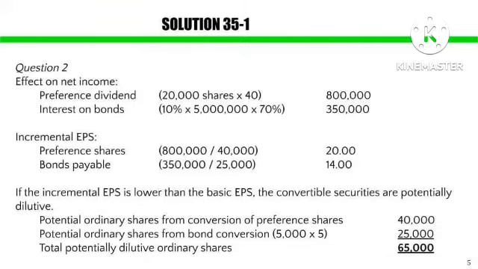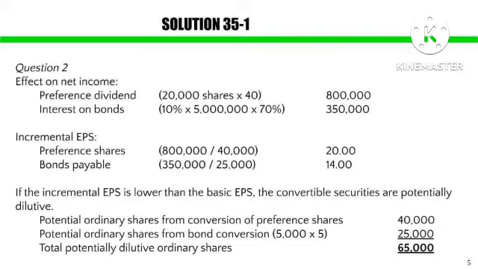Using the formula, we have a preference share incremental EPS of 20 and a bonds payable incremental EPS of 14. As we can see, the incremental EPS is lower than the basic EPS. Thus, the convertible securities are potentially dilutive.